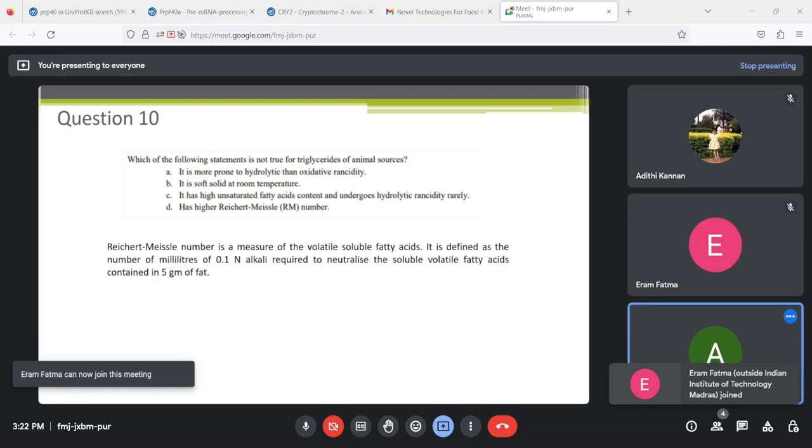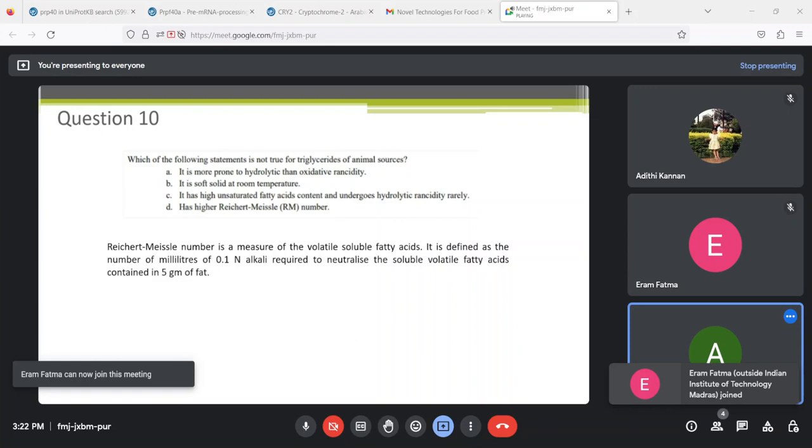So a Reichert-Meisel number is a measure of the volatile soluble fatty acids. Basically, it tells you how much soluble volatile fatty acids are present in your particular food product. That is defined as the number of milliliters of 0.1 normal alkali required to neutralize the soluble fatty acids contained in 5 grams of fat.